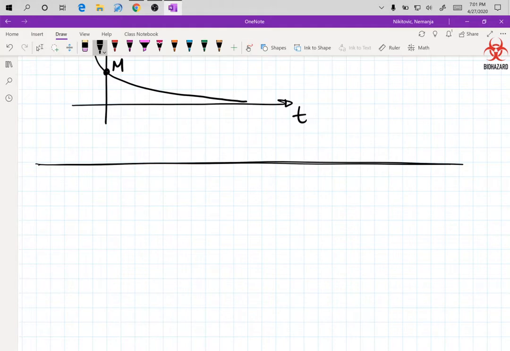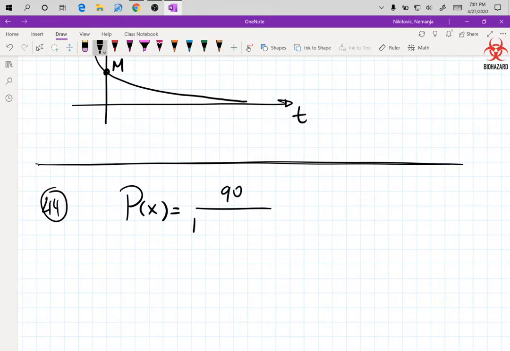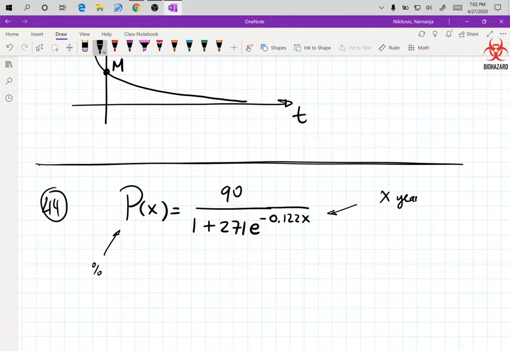So what we are going to do now is, let's say, problem 44, which says that the logistics growth function given as P of x equals 90 over 1 plus 271e to the negative 0.122x models the percentage, so this over here is the percentage of Americans who are x years old with some coronary heart disease.